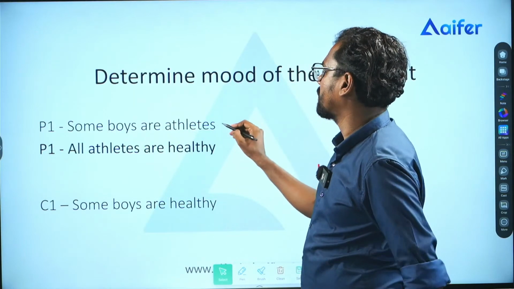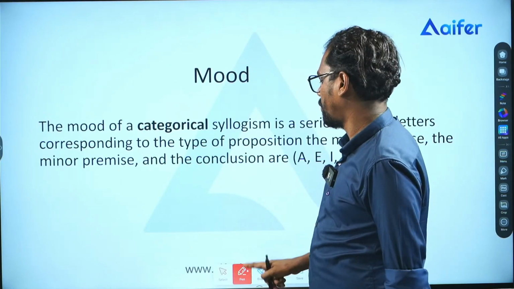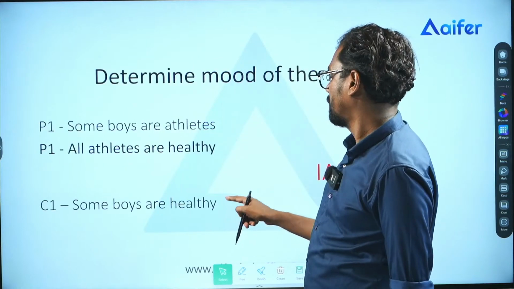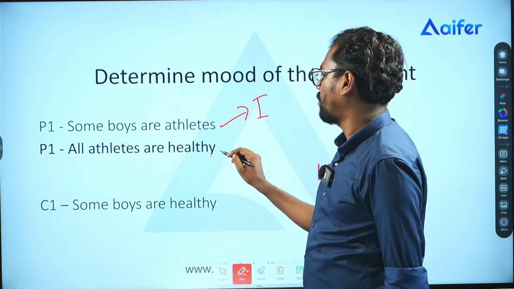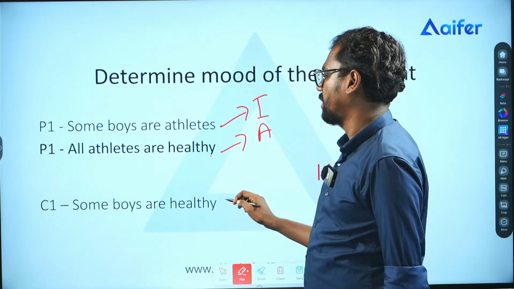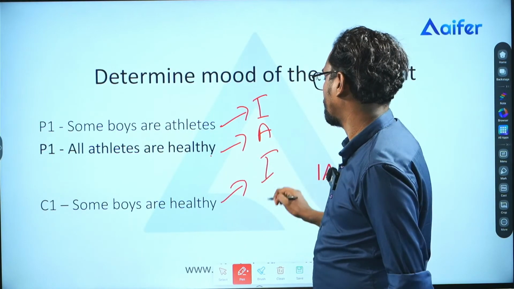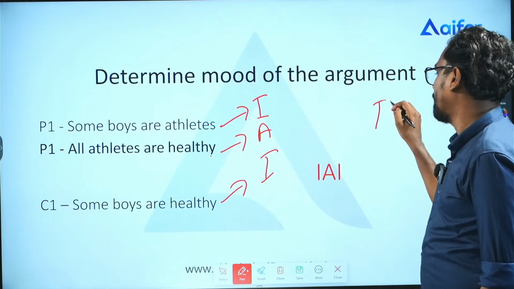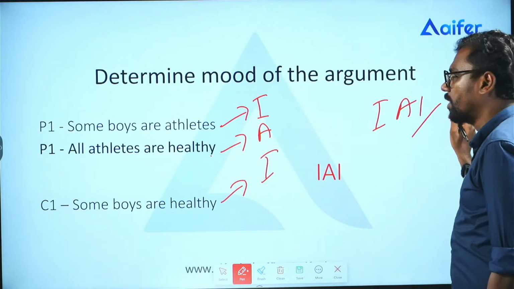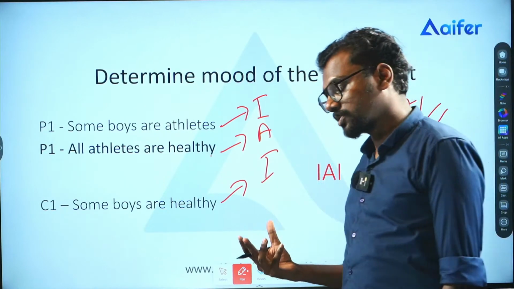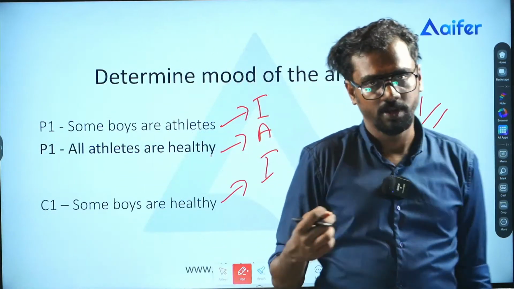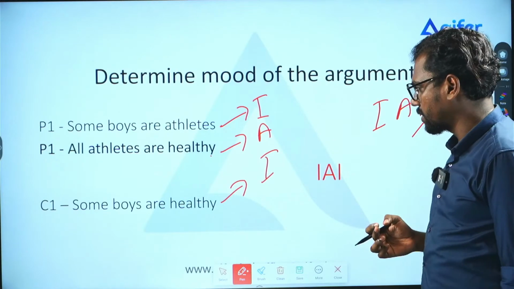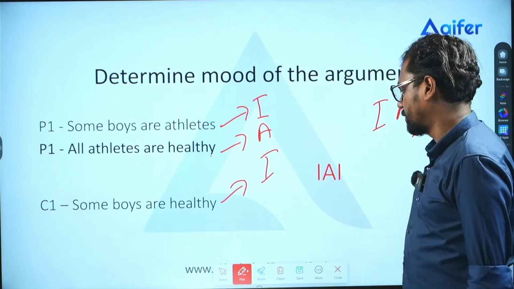Initially we have some, so we have the corresponding I, we have all, we have the corresponding A, we have some, we have the corresponding I. So we have IAI as the mood here. So mood is an easy one. Mood is a concept of writing the symbols of a categorical syllogism together.